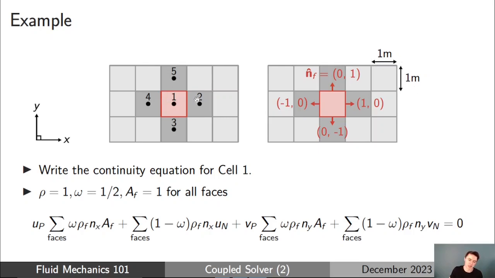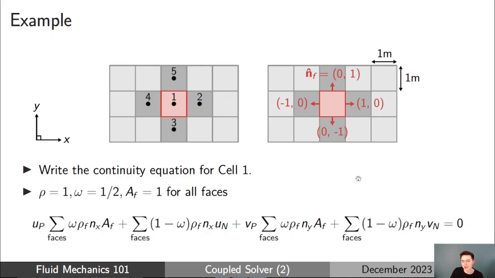All of the cells are equidistant from each other. The density is 1, and the interpolation fraction that I'm using is just a half. We're just taking averaging, using linear or distance-based interpolation between the two centroids to get the velocity at the face centers. And remember, of course, that the unit normal vectors point out of the cell, and they're at the center of all of those faces, which you can see here.